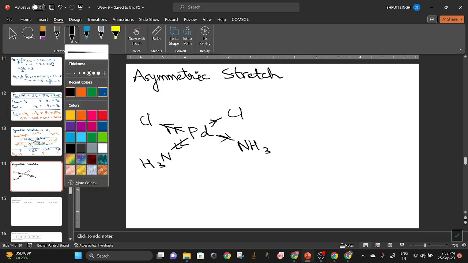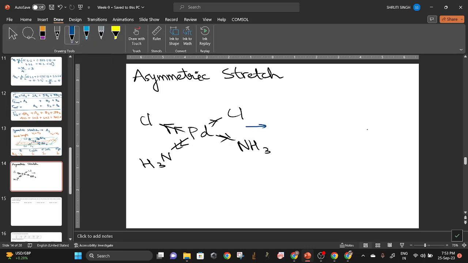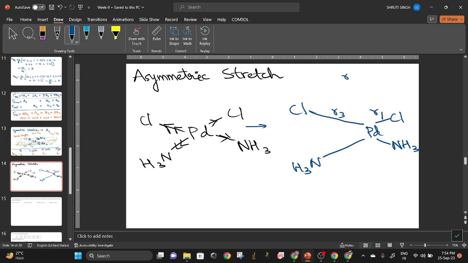So bond lengths will change. This bond length is small, this is small, and this has stretched more, and also this has stretched more. So these bond lengths are different now. This is R1, this is R3, but here R1 is not equal to R3. This is R2, this is R4, but again here R2 is not equal to R4.